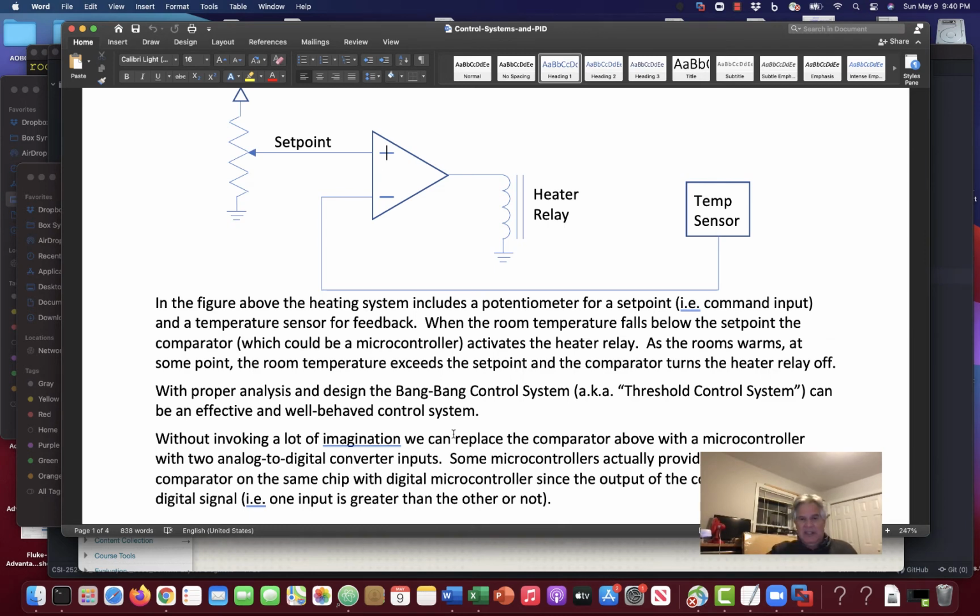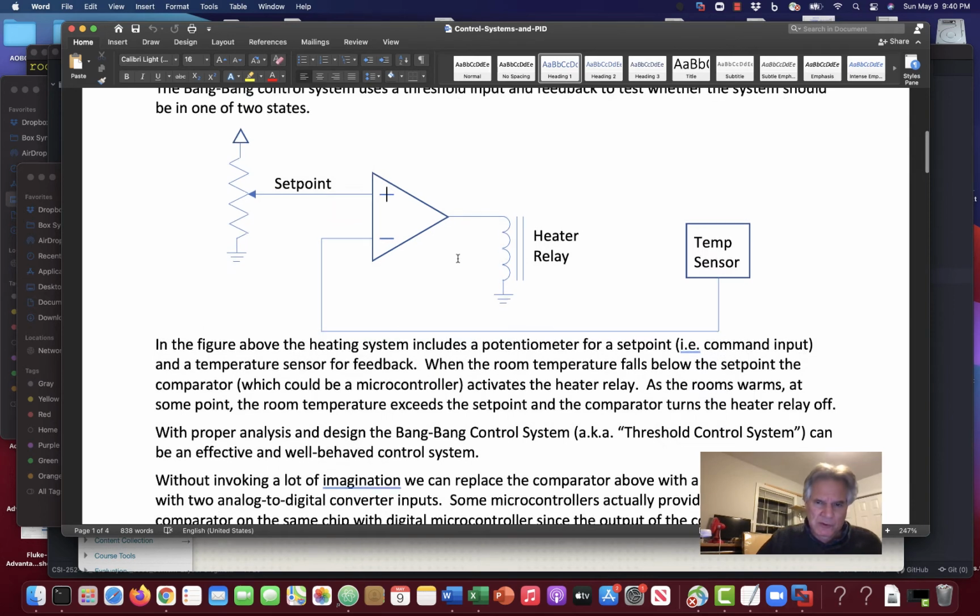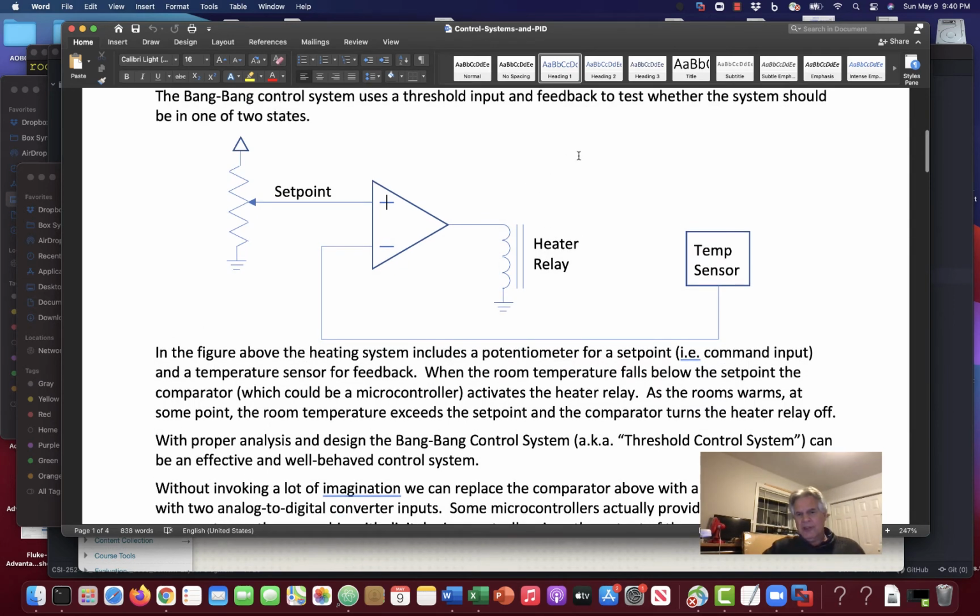Typically in a heating system, they'll make a couple of improvements. For one thing, there's thermal mass. So you turn on the heater, the temperature rises over time until the threshold is crossed. Then the temperature falls over time, and then the heater kicks on. And so, the furnace only ever runs 100% or 0%.